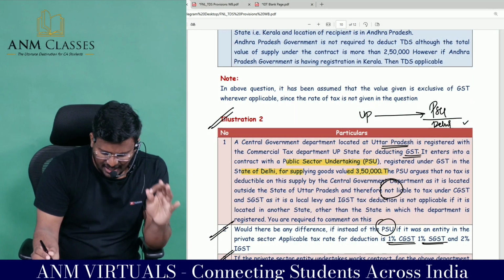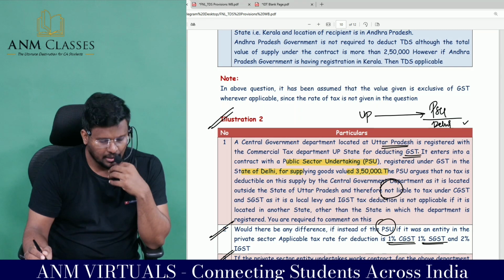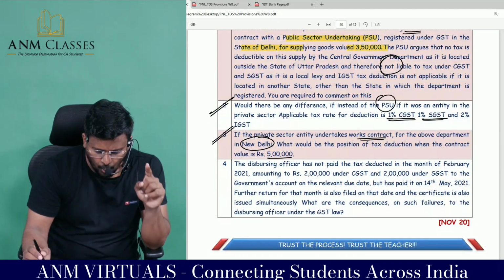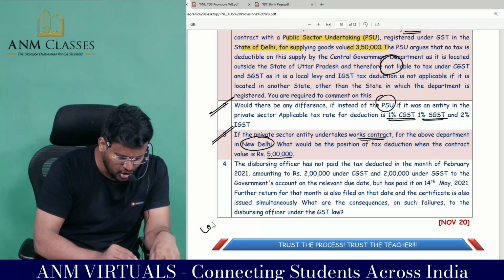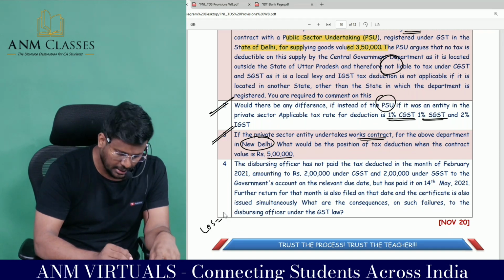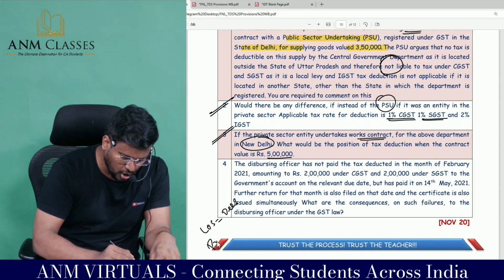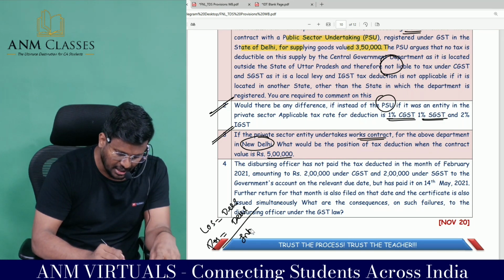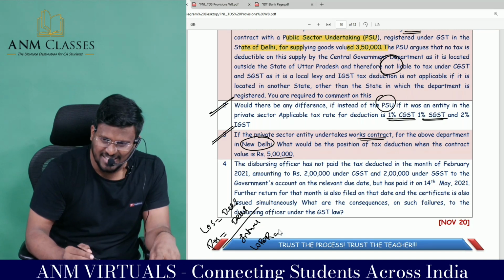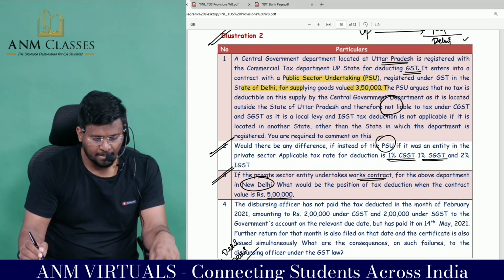The private sector entity, where are they situated? Delhi. And they are doing a works contract in Delhi. So location of the supplier is Delhi, place of supply is Delhi. It's an intra-state supply, whereas location of the registration of the recipient. Who's the recipient? Government.